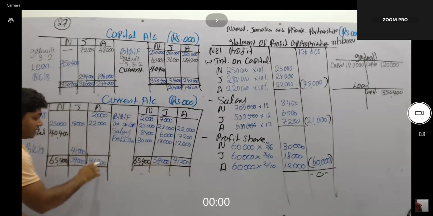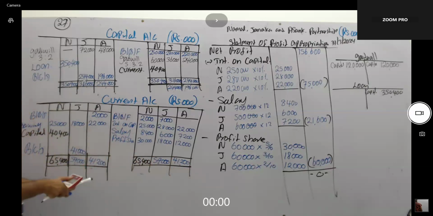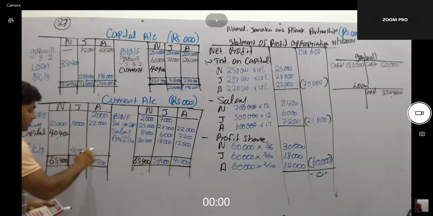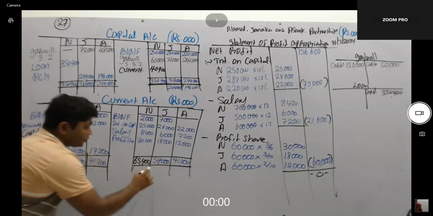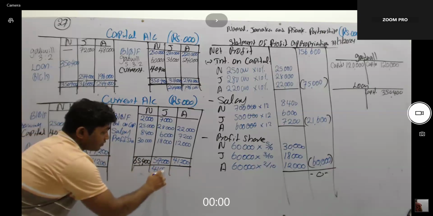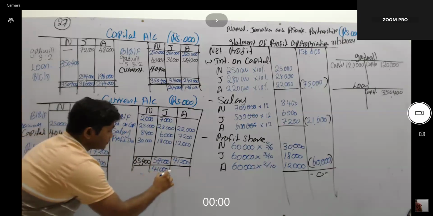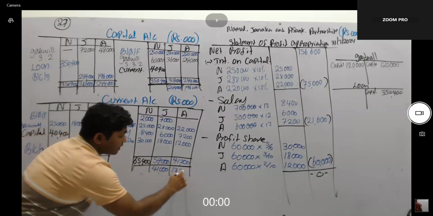The difference value as a balance carry down. Therefore, the difference value equals 17,200. Those values will be recorded on the credit side as balance brought forward also.